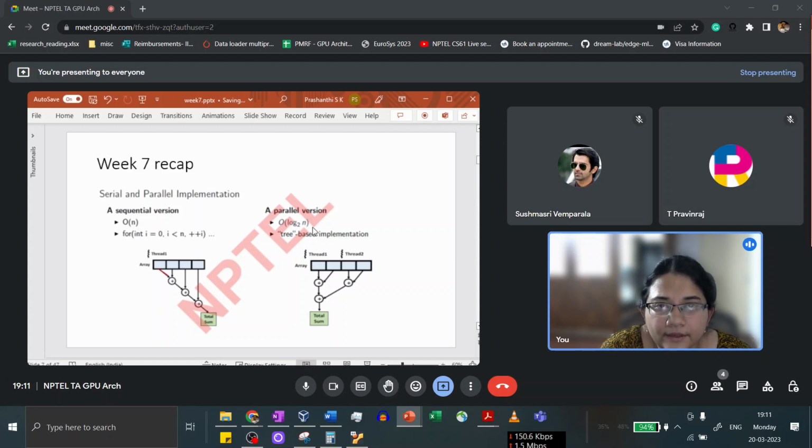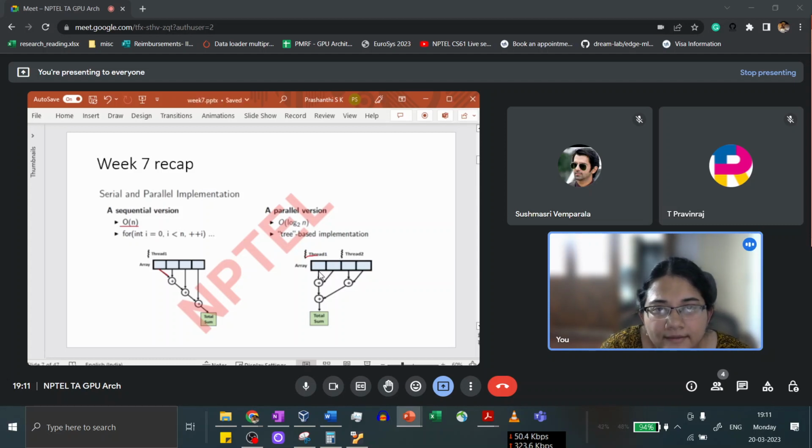Now, the complexity of this is order of n. So if you have n elements, it's going to take linear time to compute the sum. But if you come up with a parallel version where you have multiple threads, in this example you have 4 elements and 2 threads.